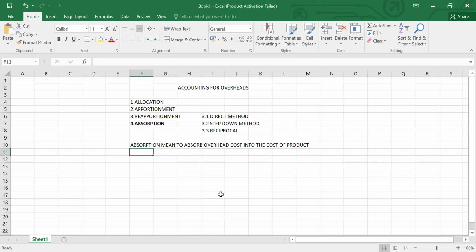Because until now, we have understood that all the cost will directly or indirectly be given to production cost centers, either by apportionment, reapportionment or allocation. The production cost centers will be responsible for all the costs because they are the departments that are making the product.